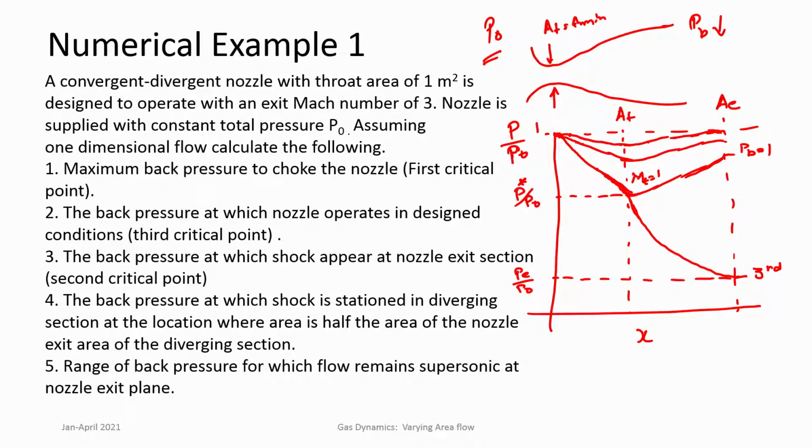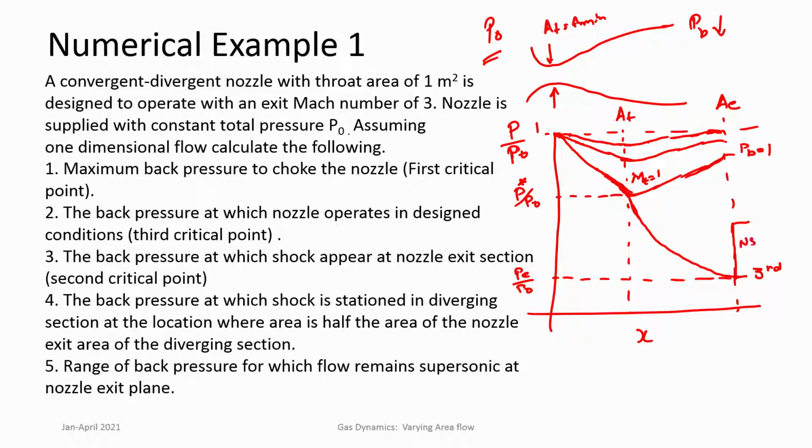While in between the first critical point and third critical point, the back pressures are still high, and they do not support complete supersonic flow all the time. So one case is that the flow expands completely supersonic until the exit of the nozzle, but right at the exit you will have a normal shock.